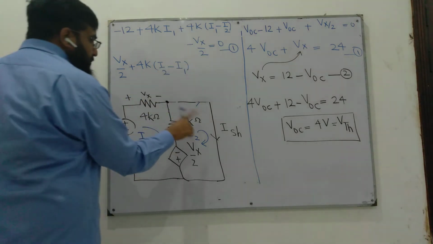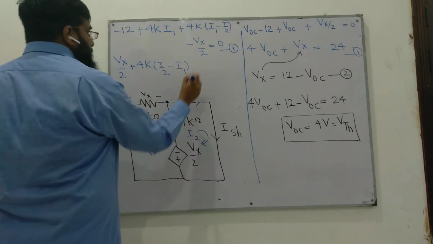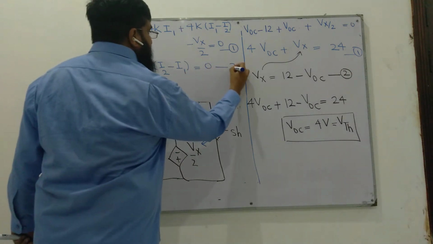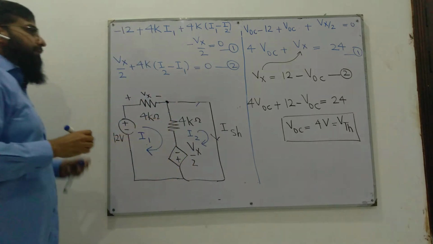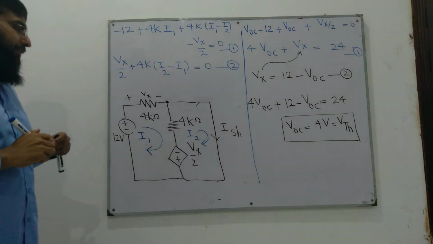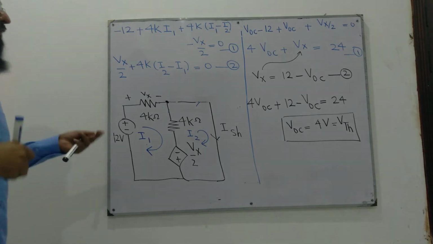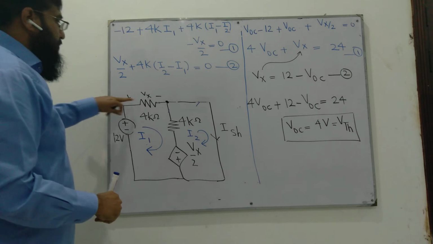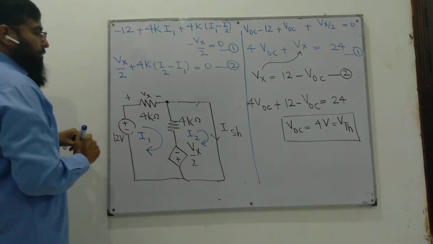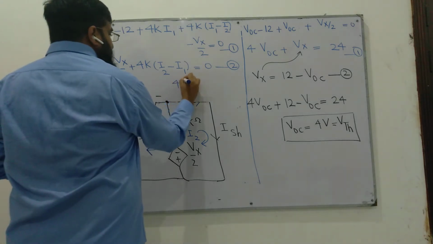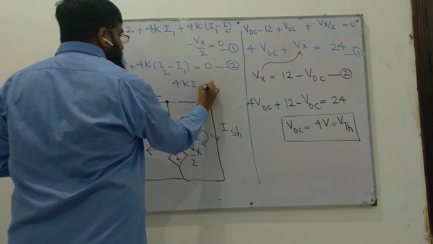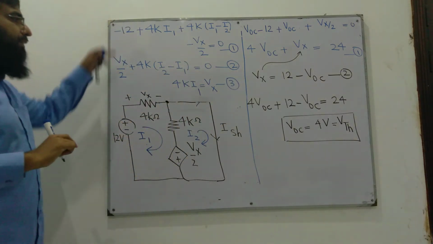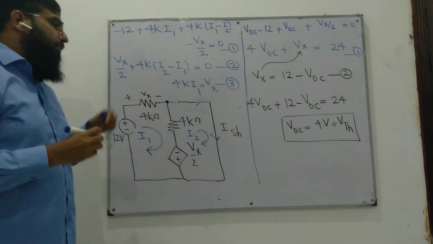The net current in this loop is I2 minus I1, is equal to 0. So this is our equation number 2. We need one more equation so that we can find all the unknowns, and that would be in terms of Vx, because Vx is the voltage across this 4 kilo ohm in the direction of I1. 4k I1 is Vx. So by solving these three equations we can find I1, I2 and Vx.